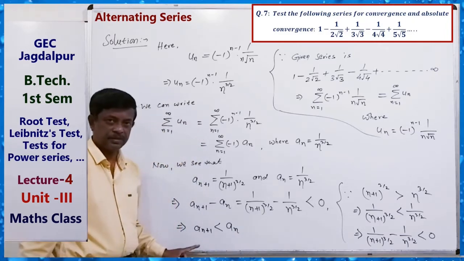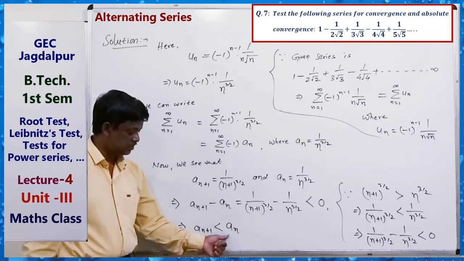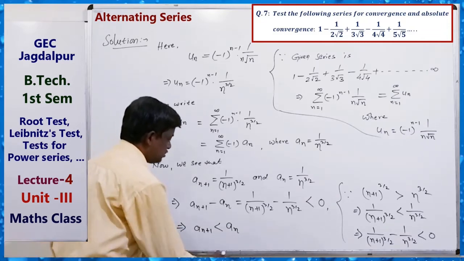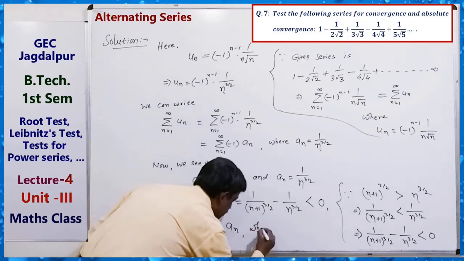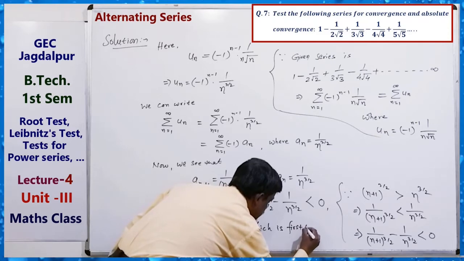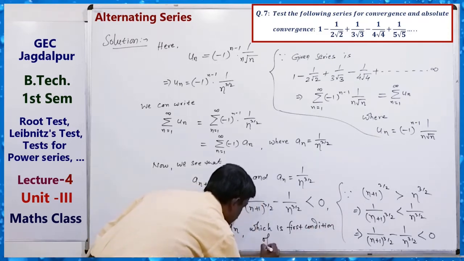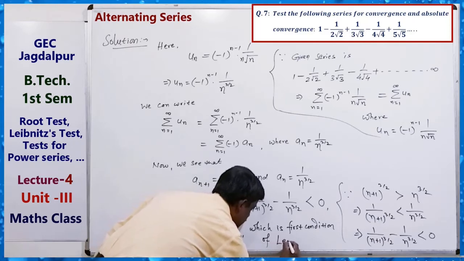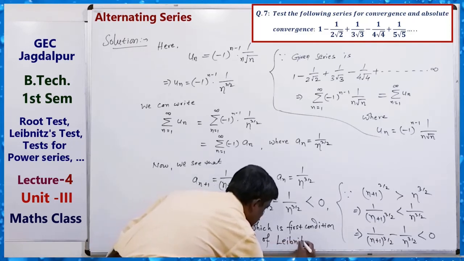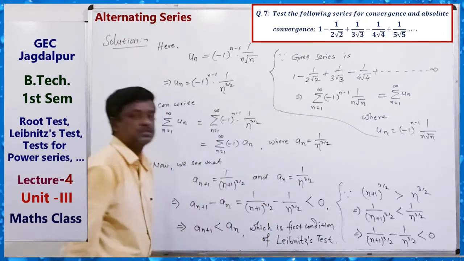That is, each term is numerically less than its preceding term, which is the first condition of the Leibniz test, satisfied.